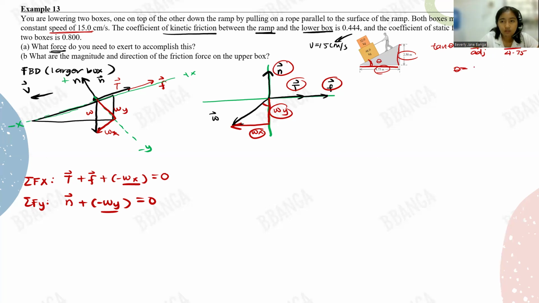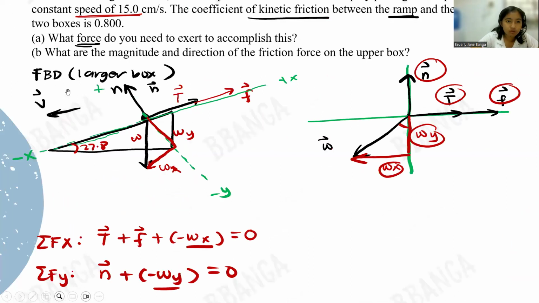This theta is 27.759. Okay, so 27.759 or 27.8. So, 27.8 ito.